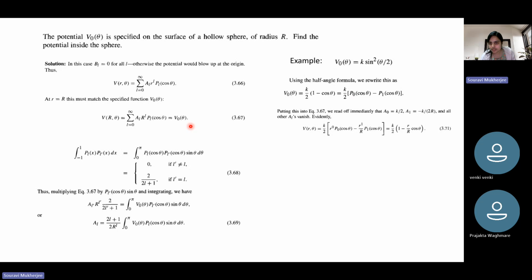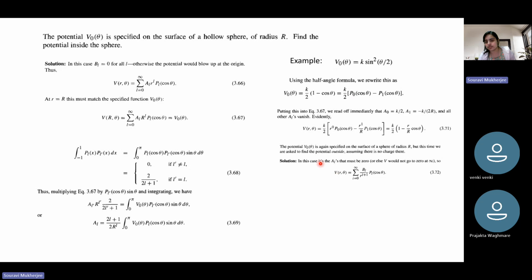Is it clear? Don't always just try doing integrations. You have to know the concepts, and once you know the concept, see where you can apply it. Here, just by looking at it, you should start thinking about how to use the form of Legendre polynomials in the given potential form so that you can find the coefficients. Okay.